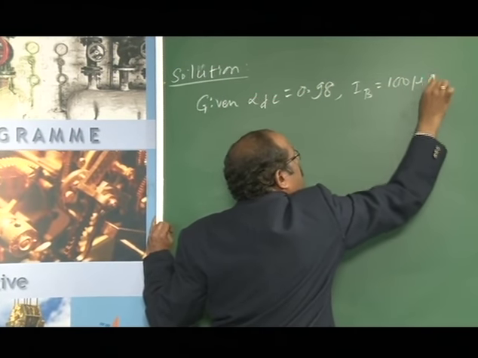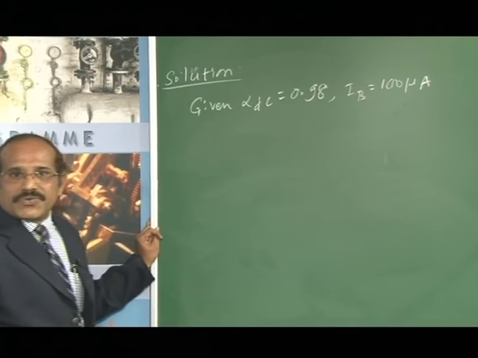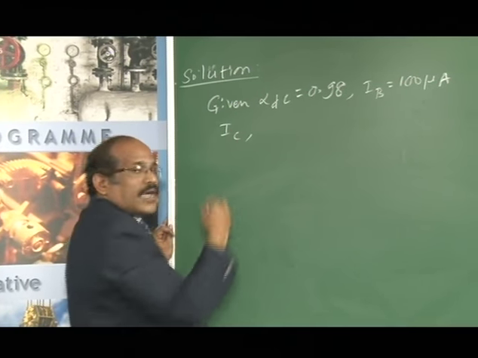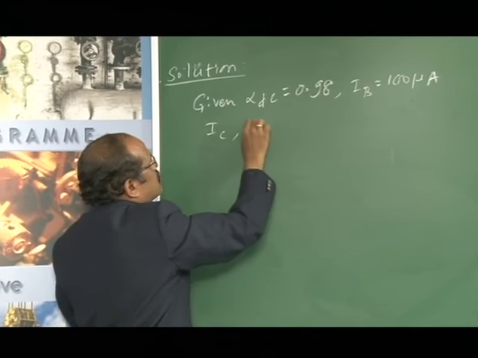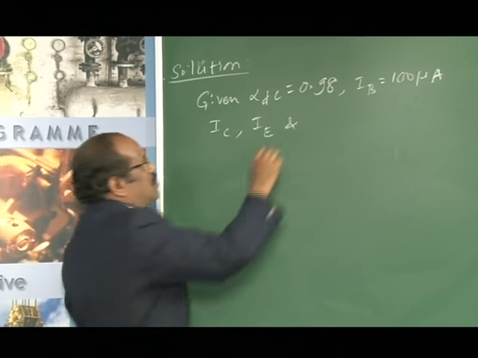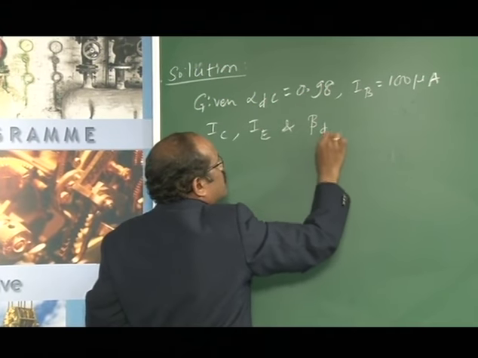Using these two data we need to calculate the IC, then IE, and then the beta DC.